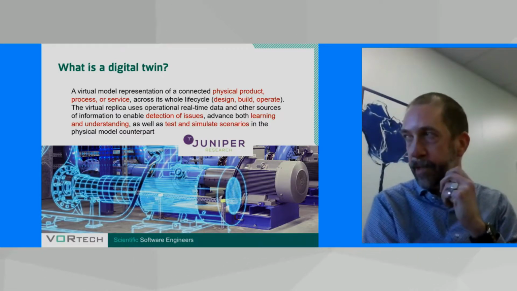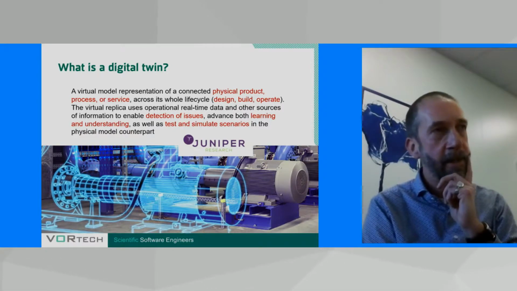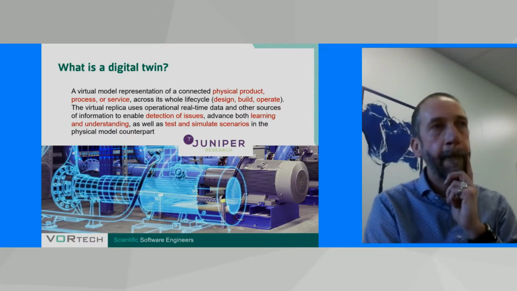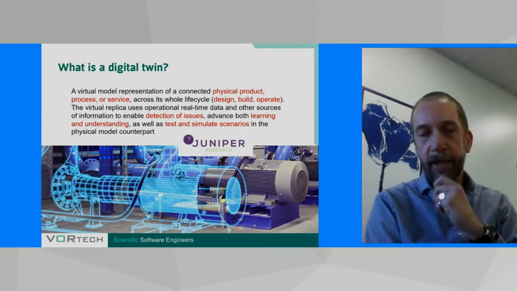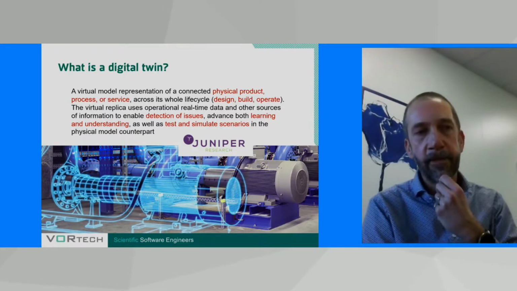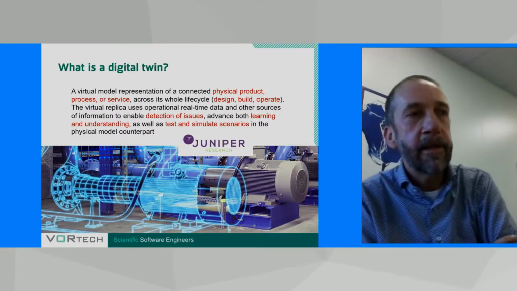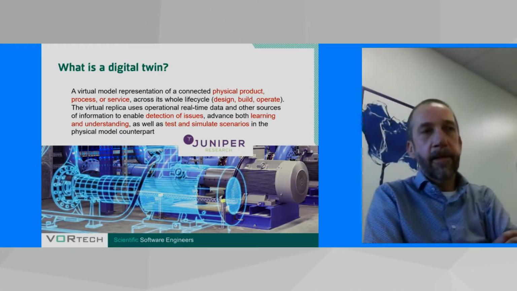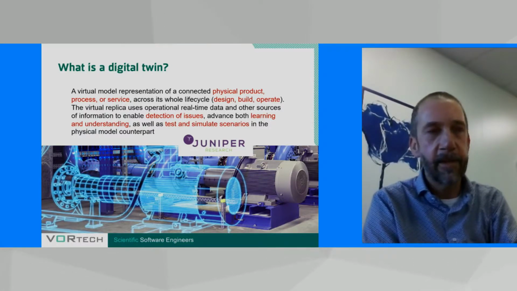So a digital twin starts in the design phase when you are designing your system or your products or whatever. There you start collecting the first amount of information, which is then the design drawings and the specifications. Then it lives through the build phase where you develop and build the asset.